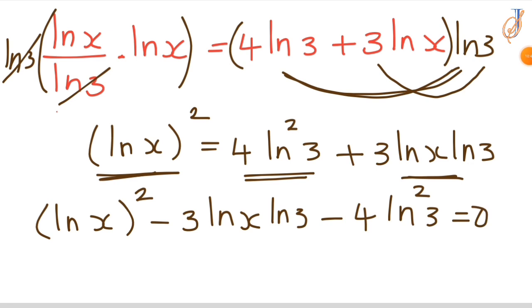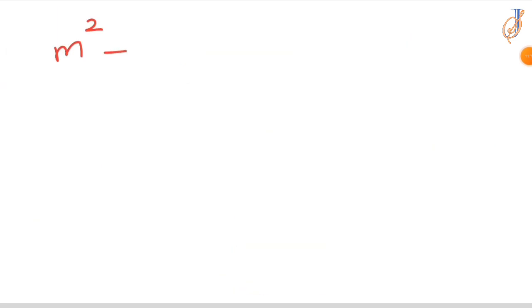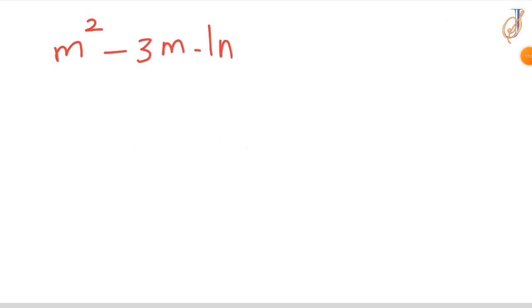To make it easier, let's consider ln x as some variable m. Then our expression turns into m squared minus 3m times ln 3 minus 4 ln square 3 is equal to 0.